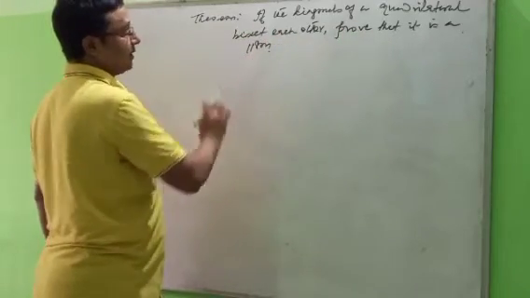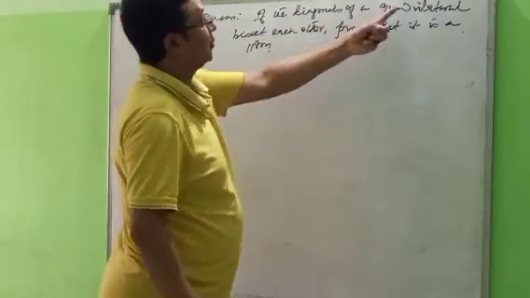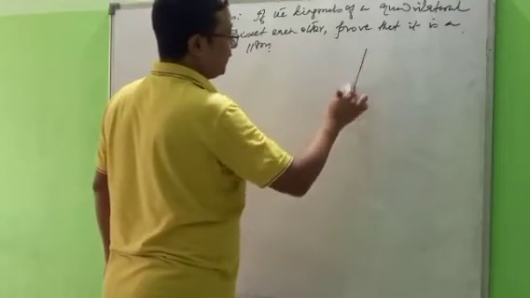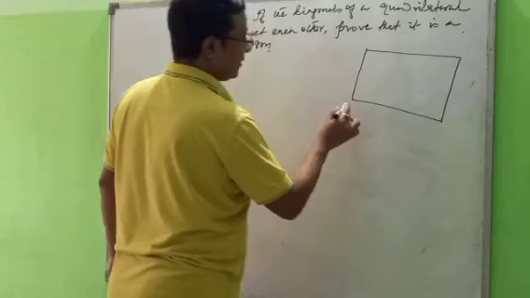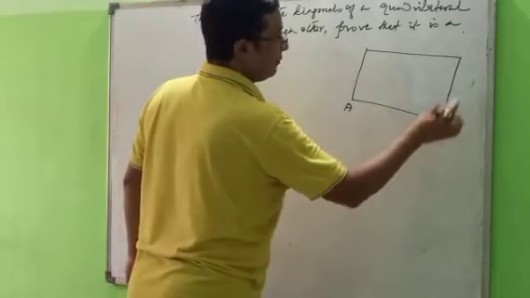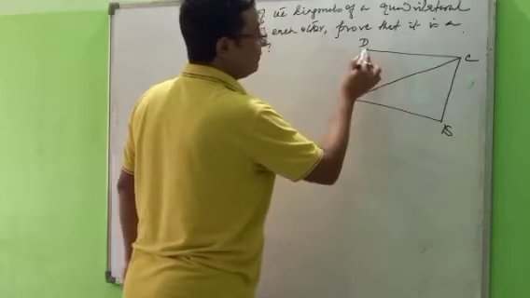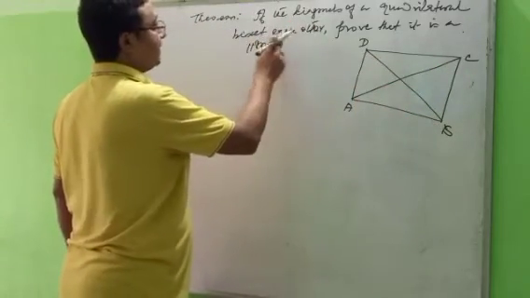Now you are to prove it. Here they have given that the diagonals of a quadrilateral bisect each other. So here you draw the figure like a parallelogram, say A, B, C, D. Now the diagonals: you join the diagonals AC and BD because they have mentioned that the diagonals bisect each other.